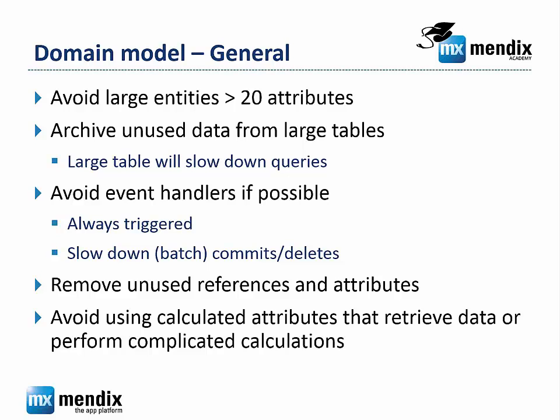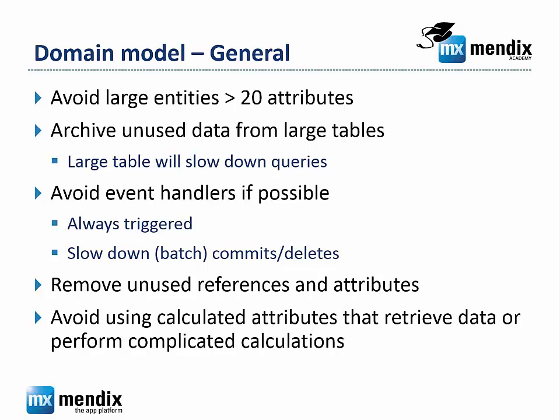If you have unused data in large tables, you might want to archive it, because it will slow down queries within the database. Avoid event handlers if possible, because event handlers are always triggered, and they definitely slow down any commits or deletes that you might do. And if you have any unused references or attributes, find them and delete them.